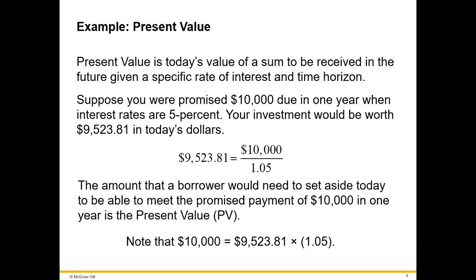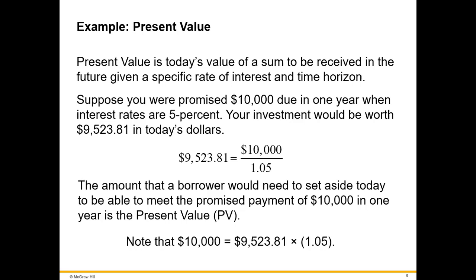Well, to define it, present value. So what we're trying to figure out is today's value of an amount to be received in the future, given a specific interest rate and time horizon.